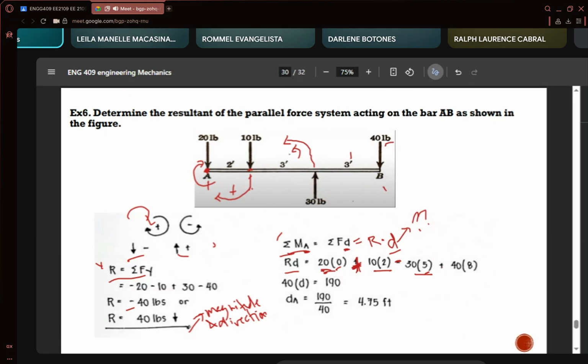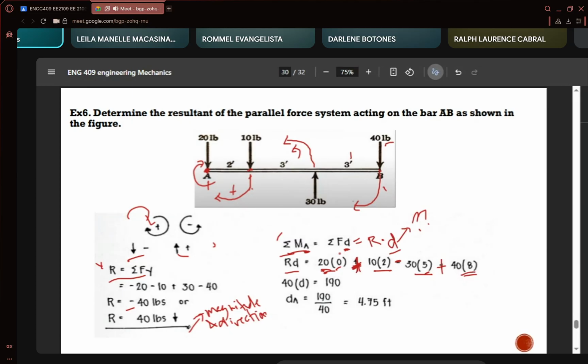And then the last one. So we have 4 forces here. 40 pounds. So again, extend the arrow, curl it towards the reference point. Simple as that. So this is clockwise, so positive. So 40, and then the distance from A. So the total distance here is 8.